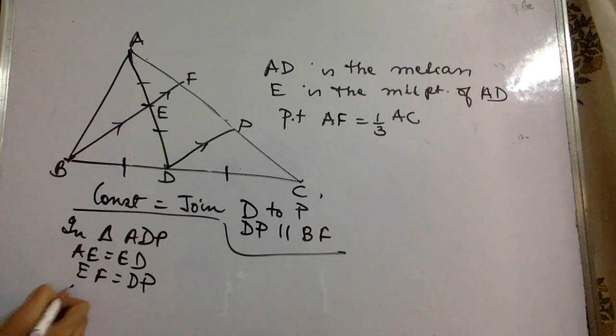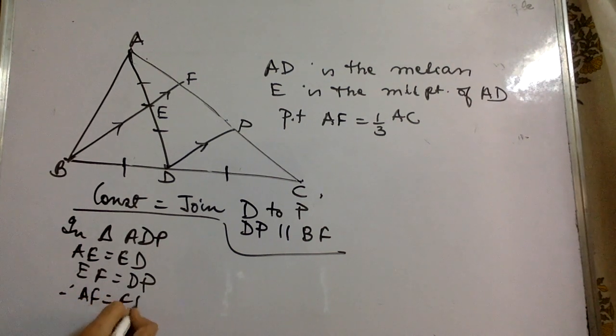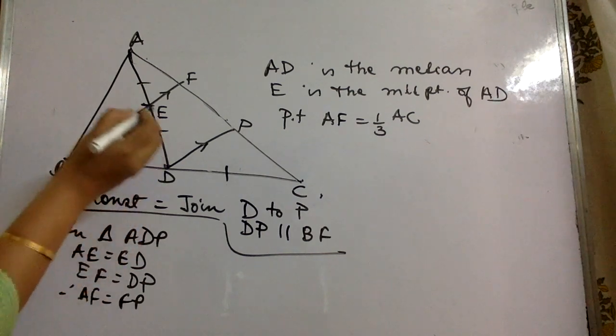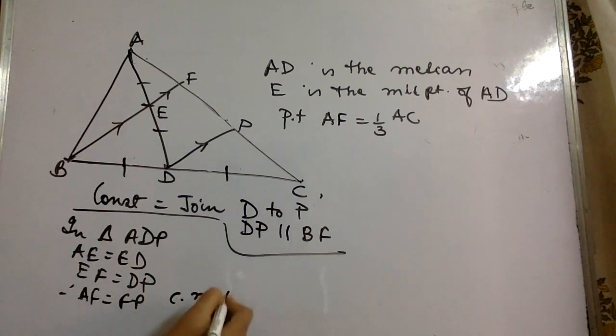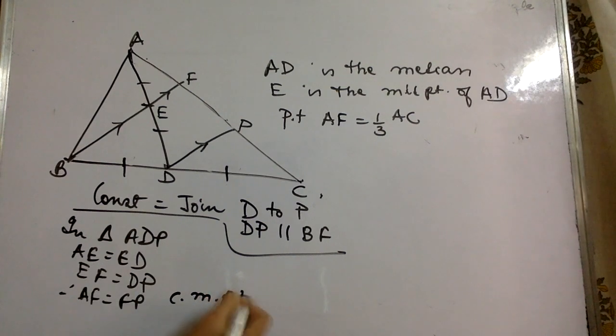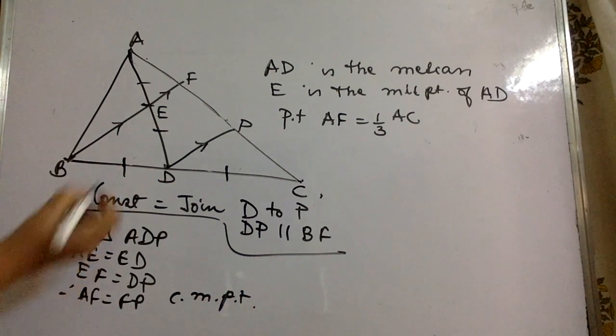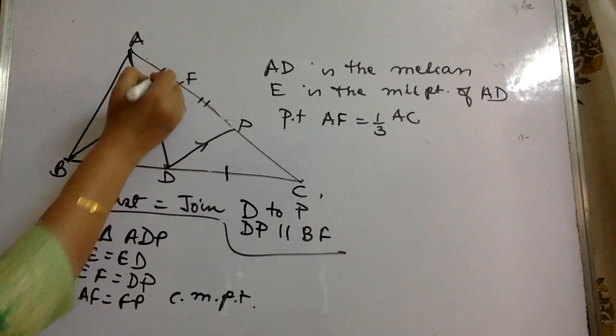Therefore AF is equal to FP, right? Why is AF equal to FP? Because of the converse of midpoint theorem. By converse of midpoint theorem, we have proved these two parts are equal.